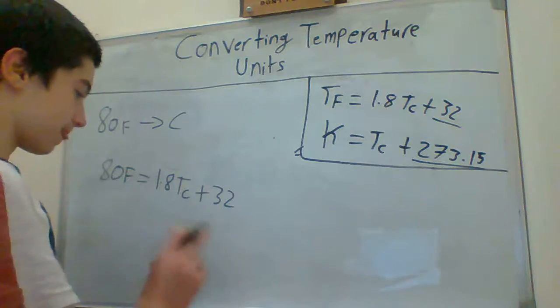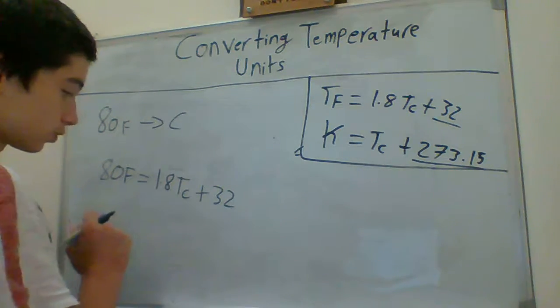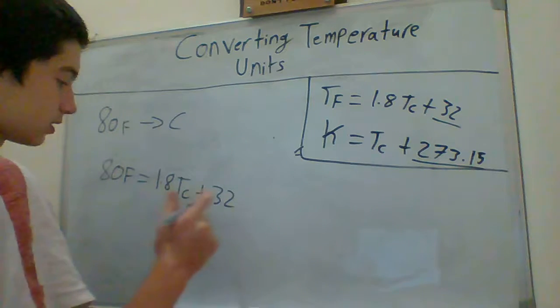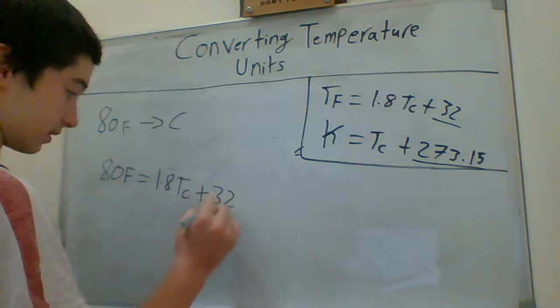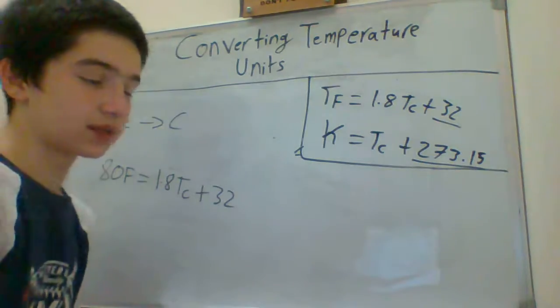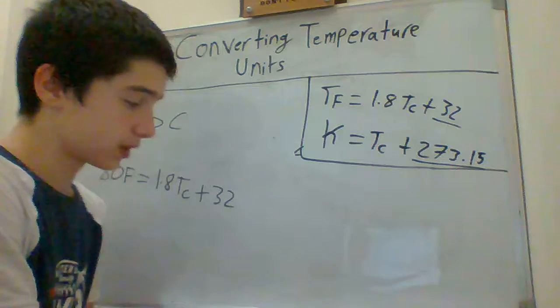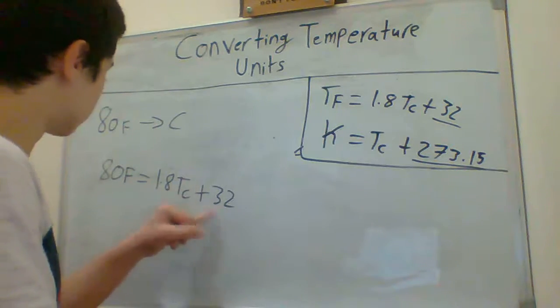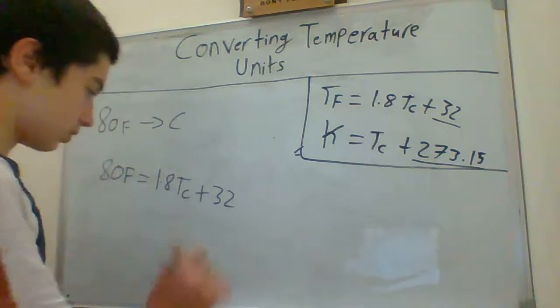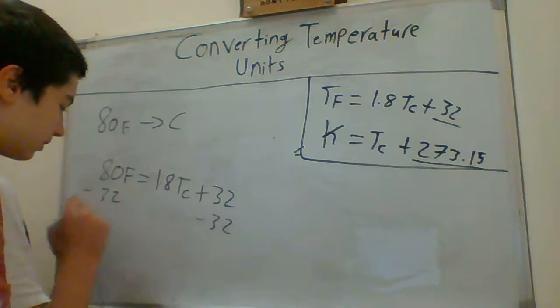So what we're going to do now is the math. We want to get rid of that 32. How are we going to do that? Using algebra. We're going to get rid of 32 by subtracting 32 from both sides. So we're going to subtract 32 from here and 32 from here.